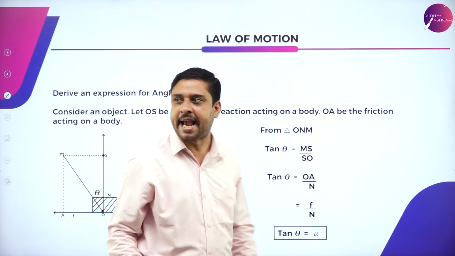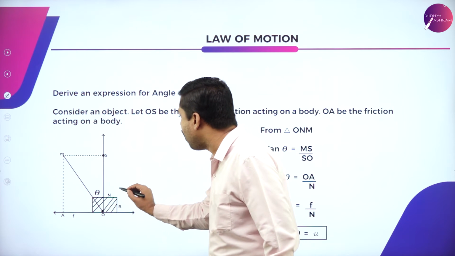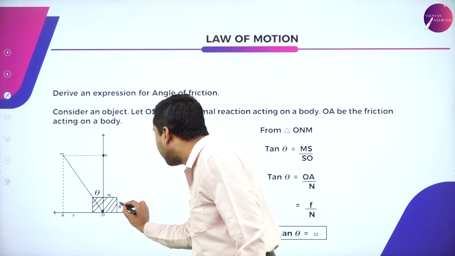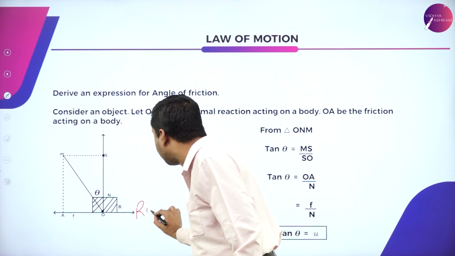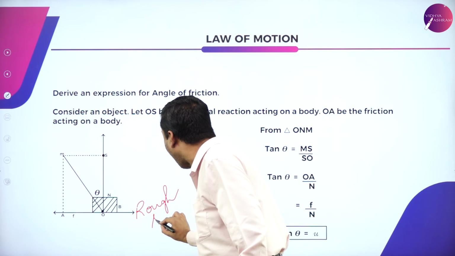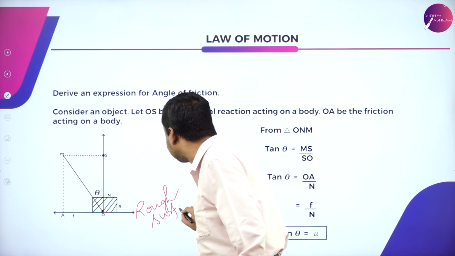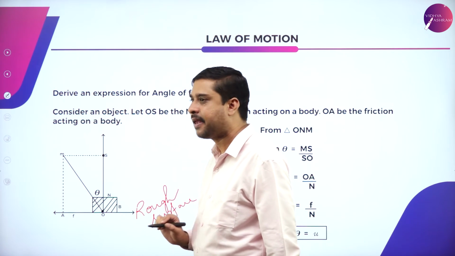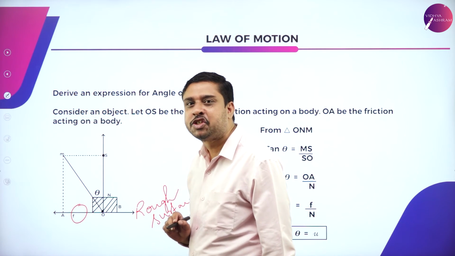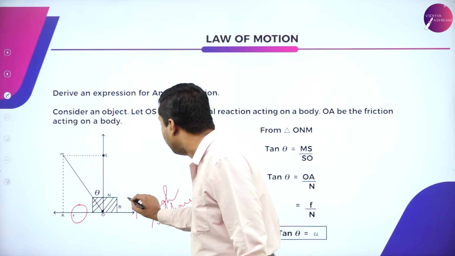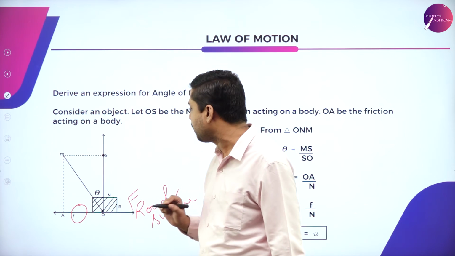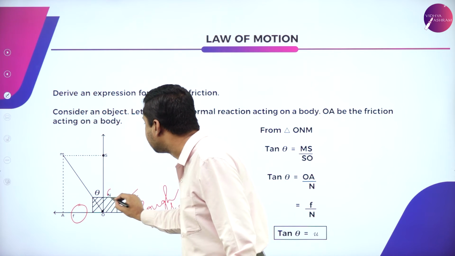If you observe here, this is the body placed on a rough horizontal surface. This is the frictional force, which acts opposite to the applied force, and this is the normal.